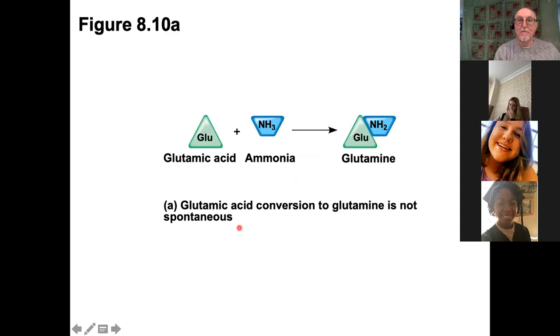Okay, so here's an example of typical kind of metabolic reactions. Many of them are not spontaneous. Here's one with glutamic acid and ammonia. We can take glutamic acid and ammonia, mix them together, and leave them forever, and every now and again a few of them might actually bang into one another sufficiently fast that they reorganize their bonds and form this substance, glutamine.